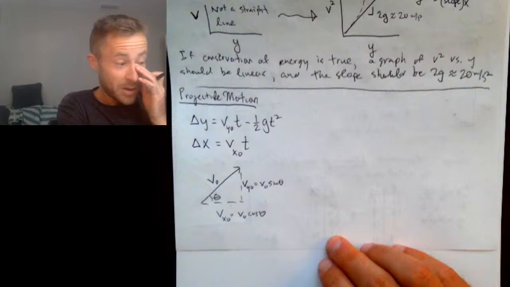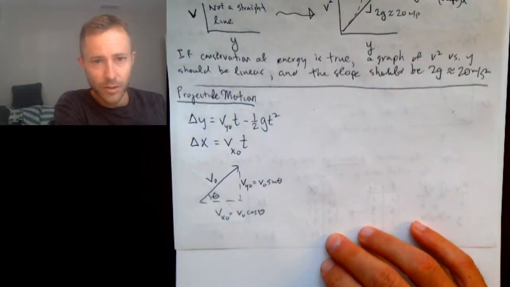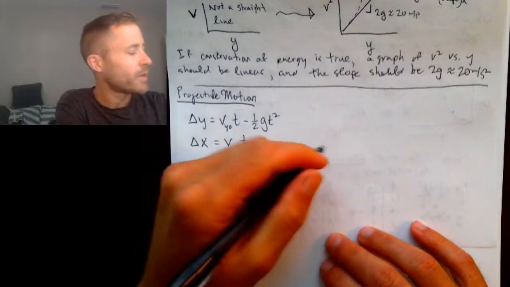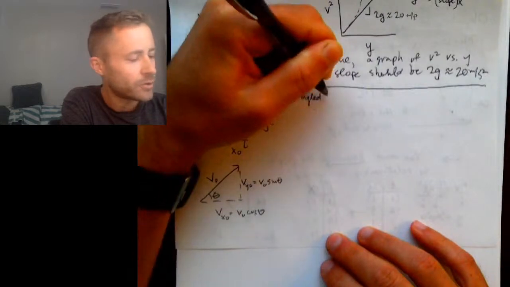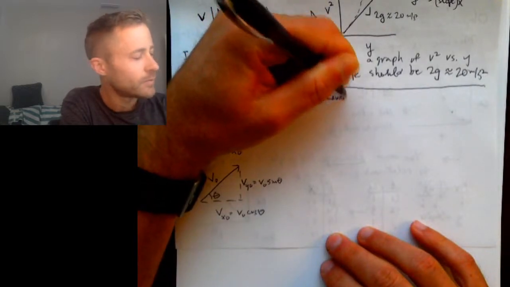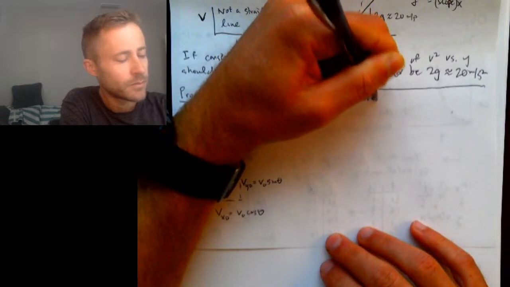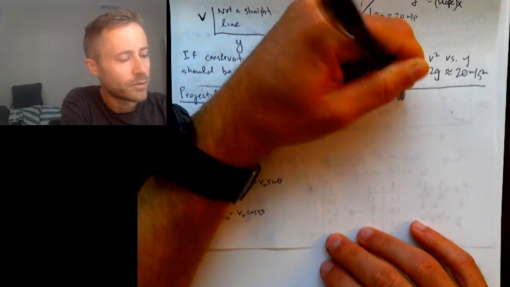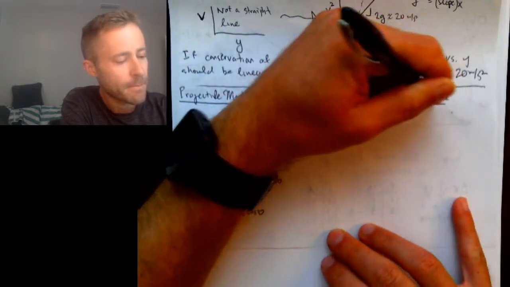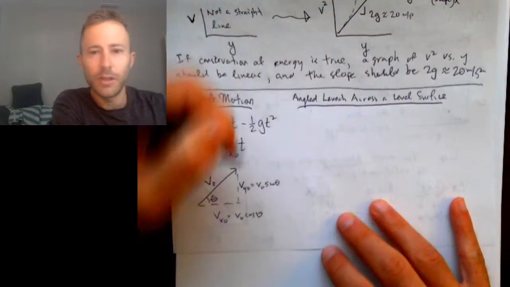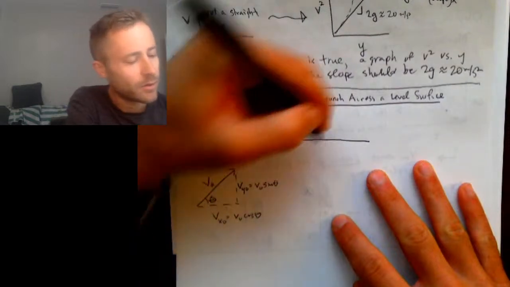Okay? And so there were two main problems that we discussed in projectile motion. One of them is angled launch across a level surface. In that type of problem, you've got a level surface.